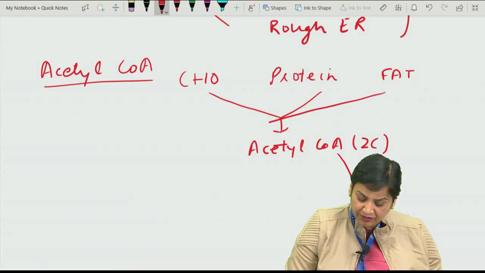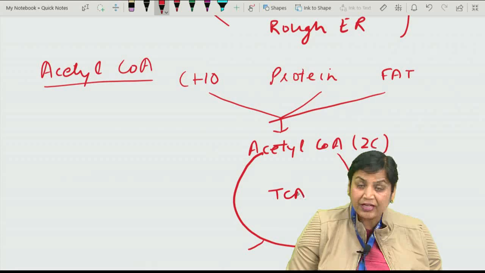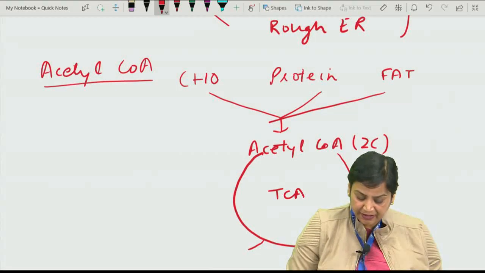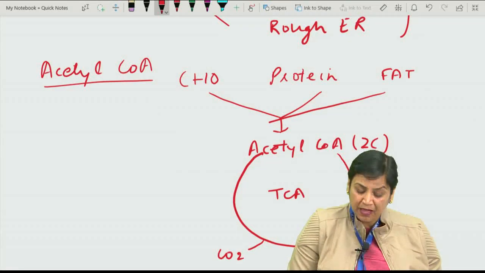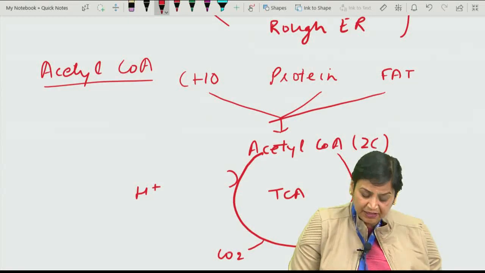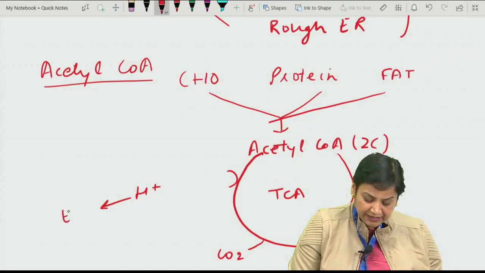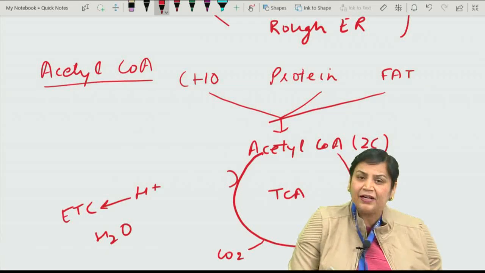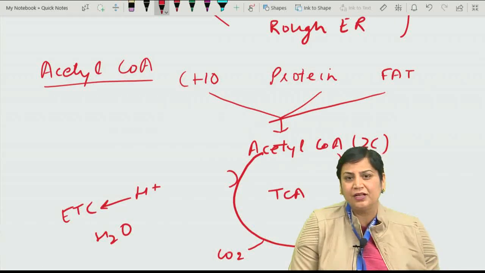This 2 carbon atom will be degraded via TCA cycle or given out in the form of carbon dioxide. All the reductant will be there, which will be giving protons. They will be transported via ETC to finally form water. The entire thing is known as biological oxidation.